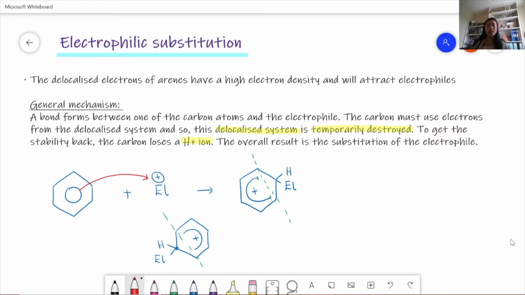And so what happens is that the electrons from this covalent bond move to this positive charge. And then we get benzene, but now with an electrophile attached, and the H plus comes out.